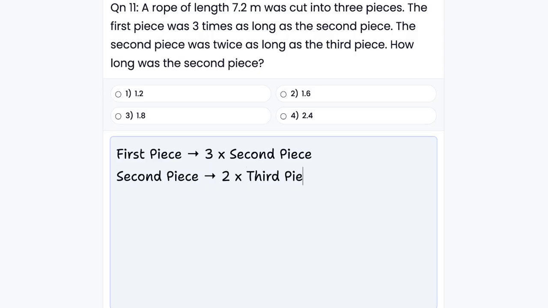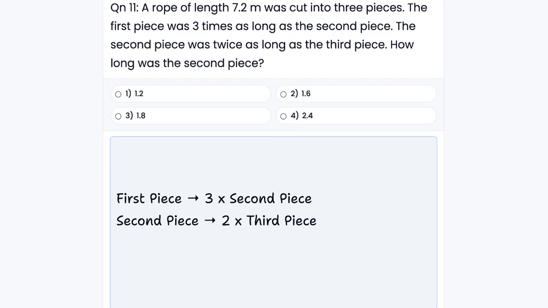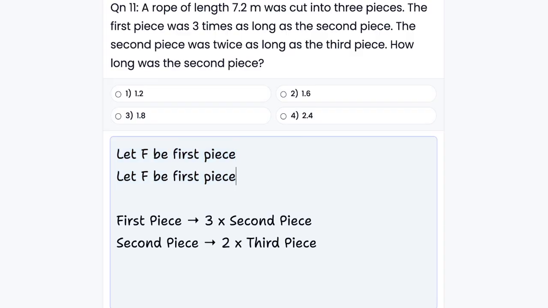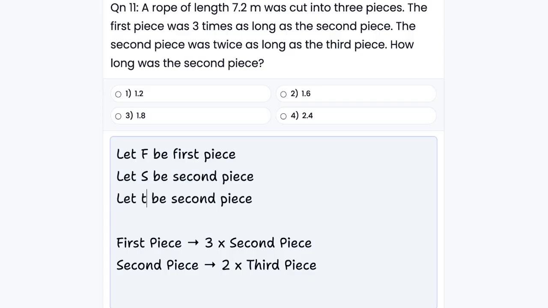There are multiple ways to do this, but I'm going to use simultaneous equations. Let F be the first piece, let S be the second piece, and let T be the third piece.